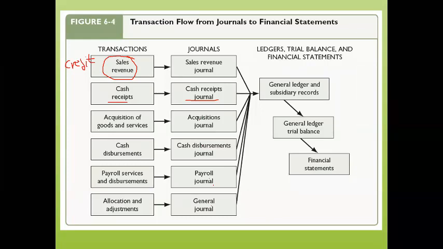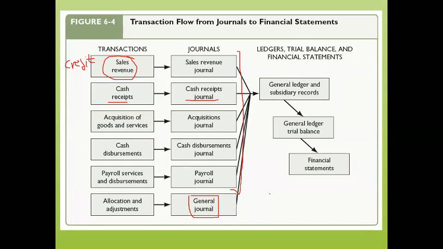At the end we have the general journal, which includes all the transactions that cannot be included in the other 5. For example, adjustments like depreciation, accrued expenses, accrued revenue, and unearned revenue. Also the correction of errors: if you have an error and you would like to correct it, it will be recorded here.